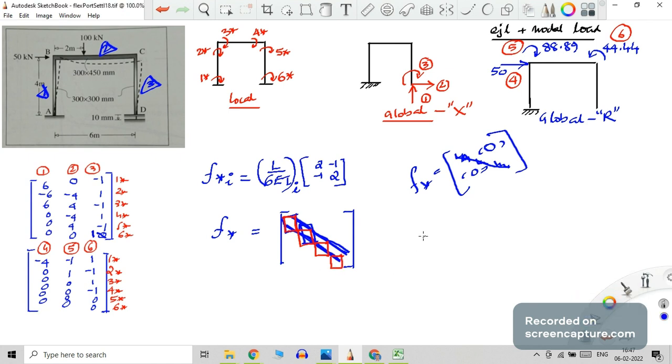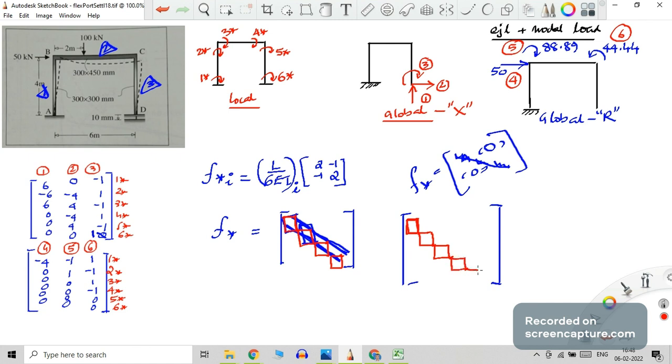Or otherwise, the 2 by 2 F star is something like this, for the first: 2 minus 1 minus 1 2 inside this square. Second element is like this, 2 minus 1 minus 1 2. Third element is also 2 minus 1 minus 1 2. Fourth also, if four elements are there.